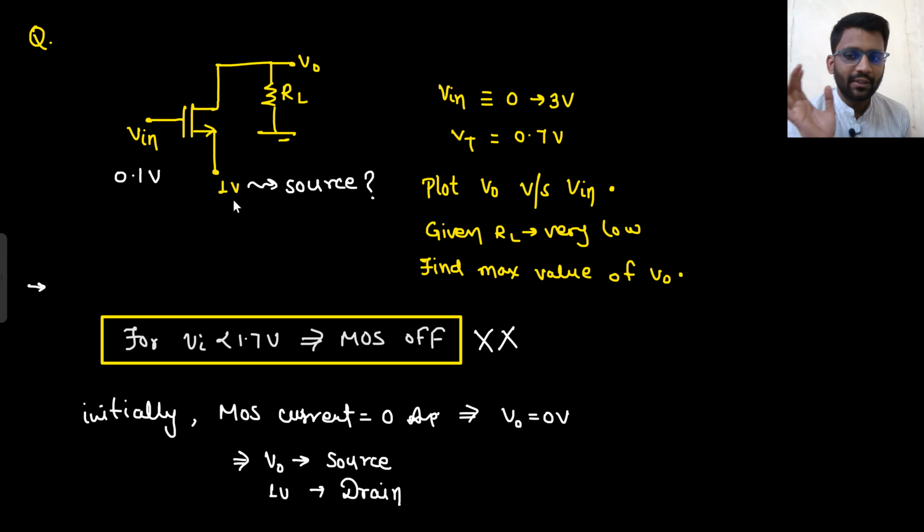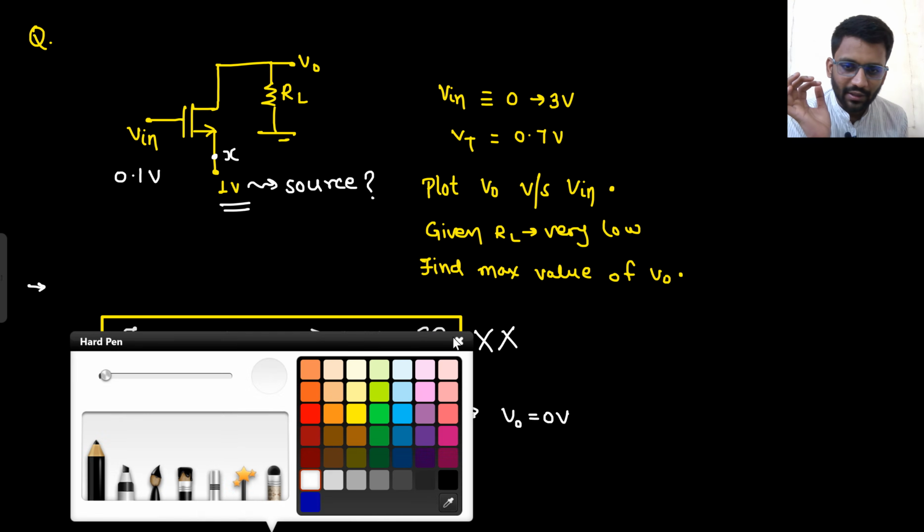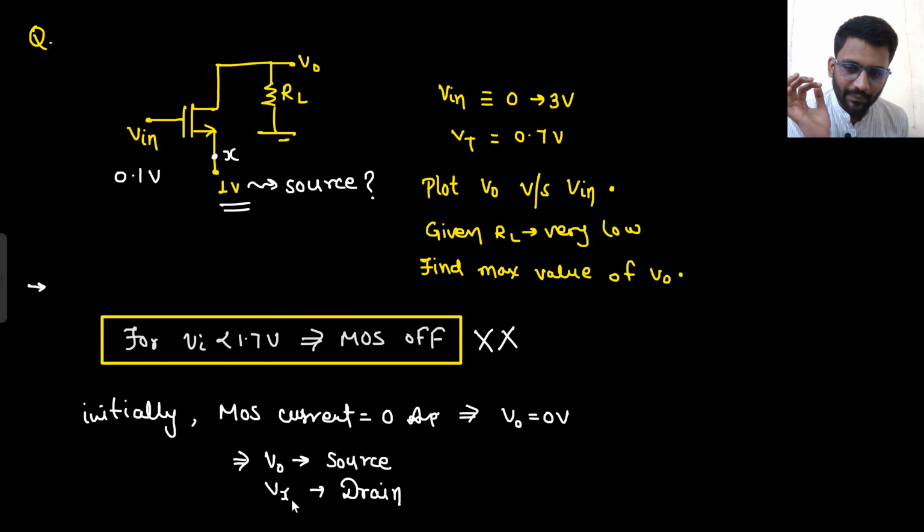Let's just assume that this potential, let's call this x potential. So I am calling this Vx, which is becoming drain. Someday, by some value, somehow this potential Vx becomes source. Currently, this one is source and this one is drain.